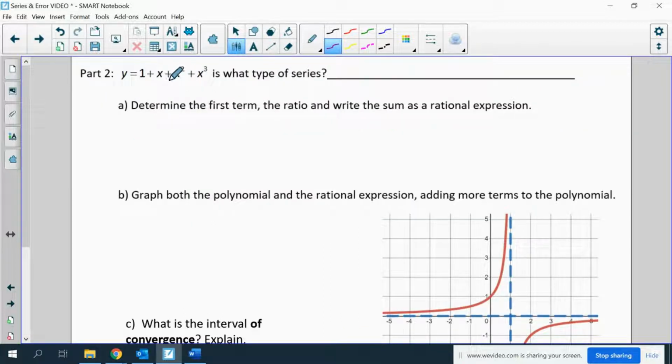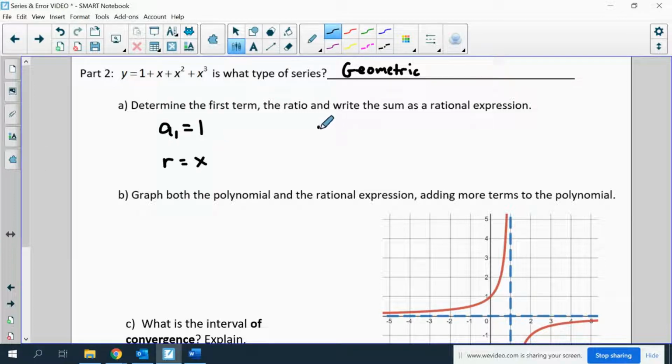So now let's take a look at a similar series, except now we're replacing things with variables. So once again, this is a geometric series because we are multiplying repeatedly. The first term is 1, and it appears that we're multiplying by x every time.